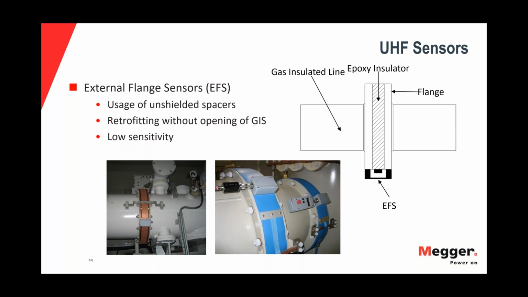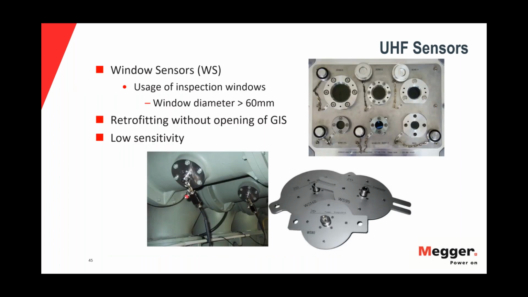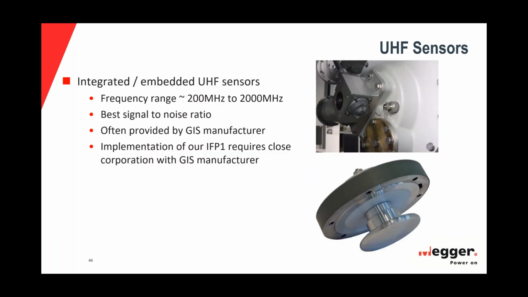For example, we have a sensor called the external flange sensor, used for example in spacers between two chambers. Then some very old GIS have an inspection window, so we can use window sensors. But the best sensitivity will be achieved with built-in PD sensors.